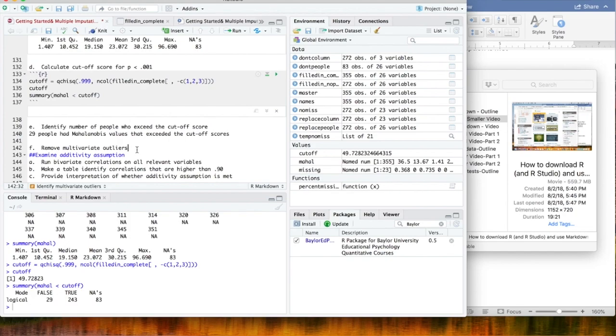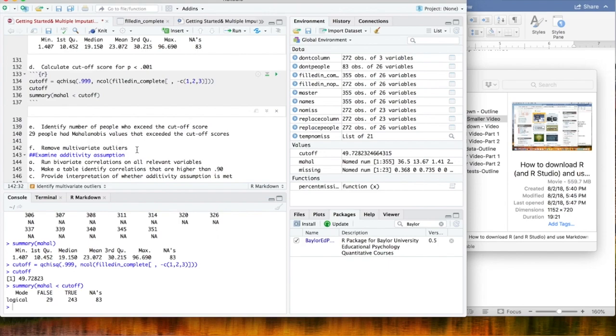In the first iteration, it suggested that I think 29 people, or was it 30 people, had exceeded the cutoff scores, and I think it's possible for it to have maybe 28. So the results may slightly differ, but it's not going to be crazy different. If you do come up with very different numbers in terms of people who are multivariate outliers, then someone did something wrong somewhere.